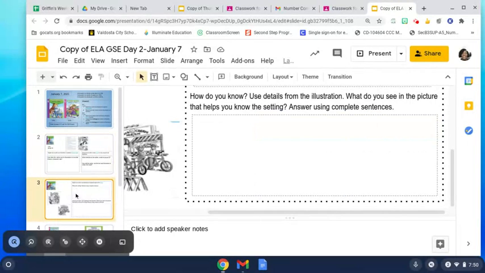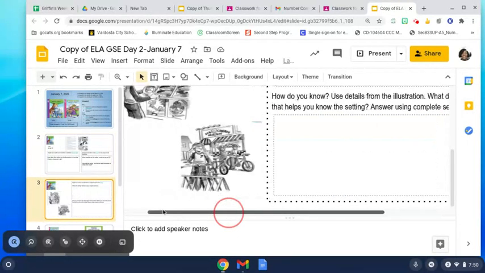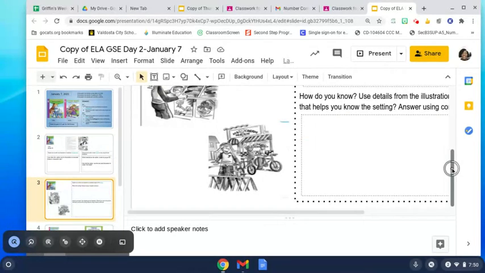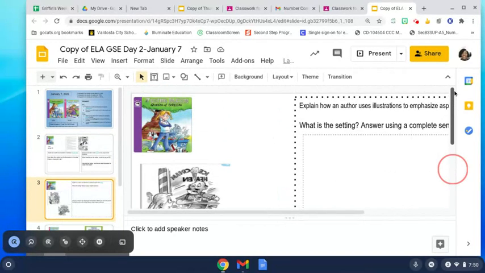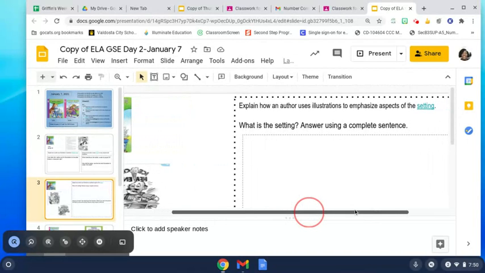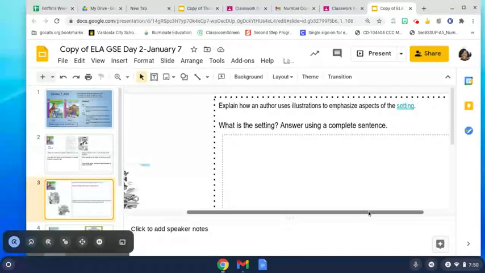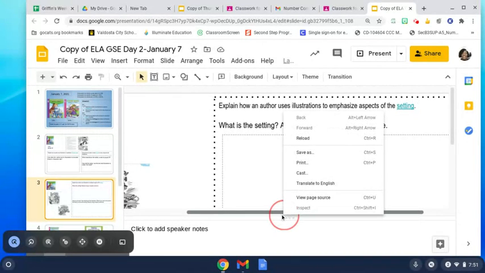On slide 3, I want you to explain how an author uses illustrations to emphasize aspects of the setting. Okay, so remember the setting is where the story takes place. So I want you to answer this question. What is the setting? Answer in a complete sentence.